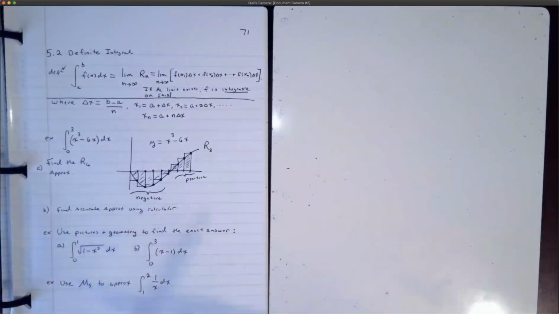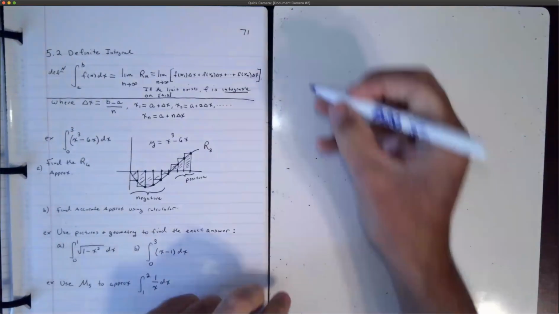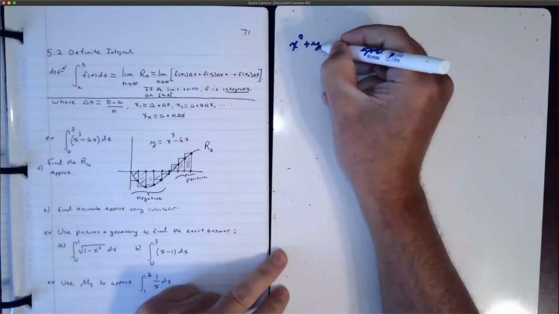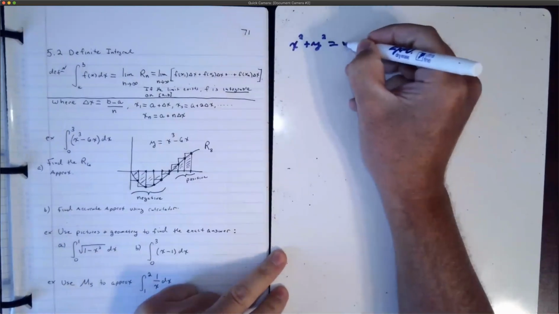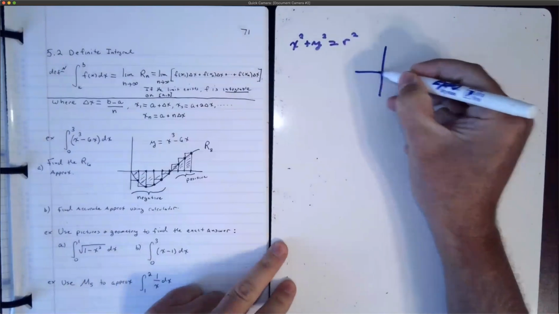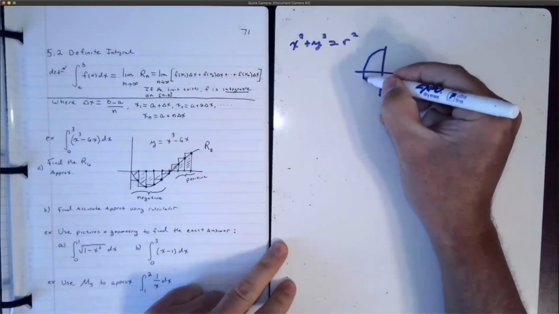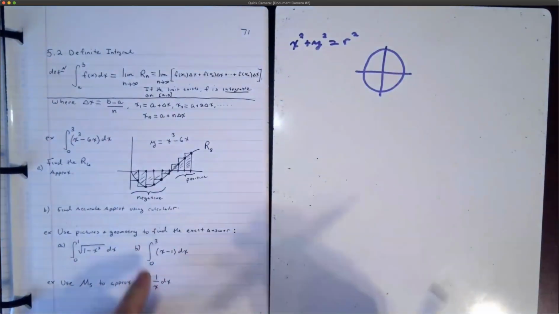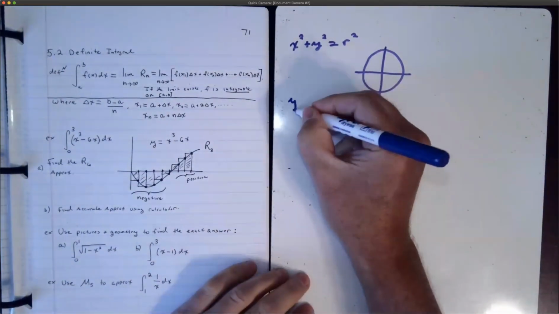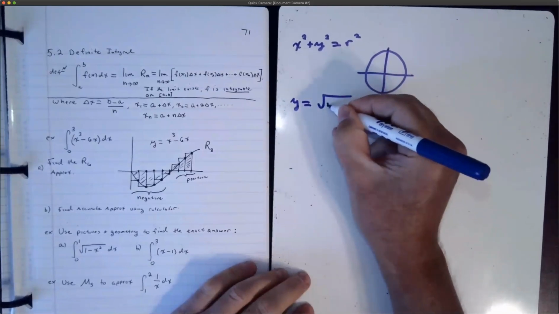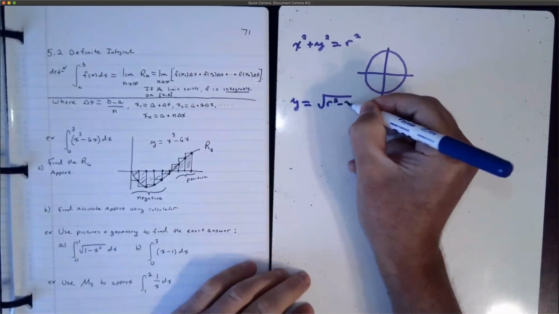All right, if you remember a little bit of your analytic geometry, x squared plus y squared equals r squared would be the equation of a circle centered at the origin. So in our case, solving for y, taking the positive square root, you get the square root of r squared minus x squared.